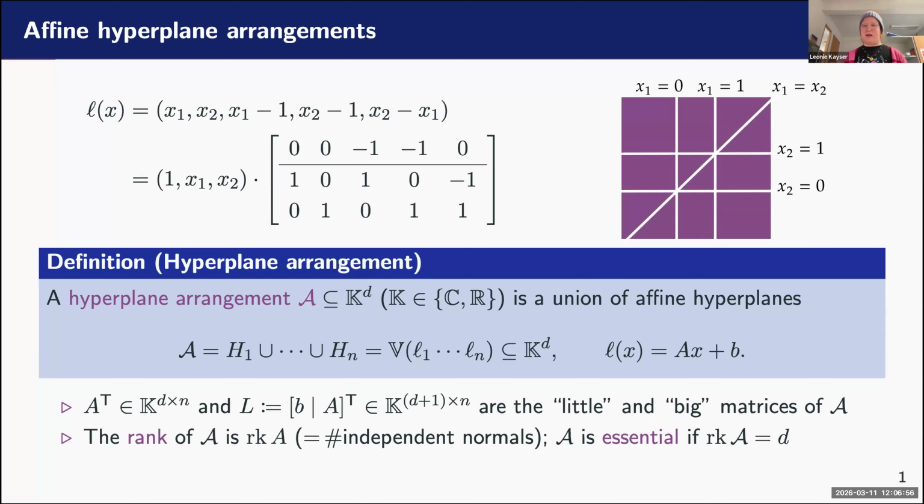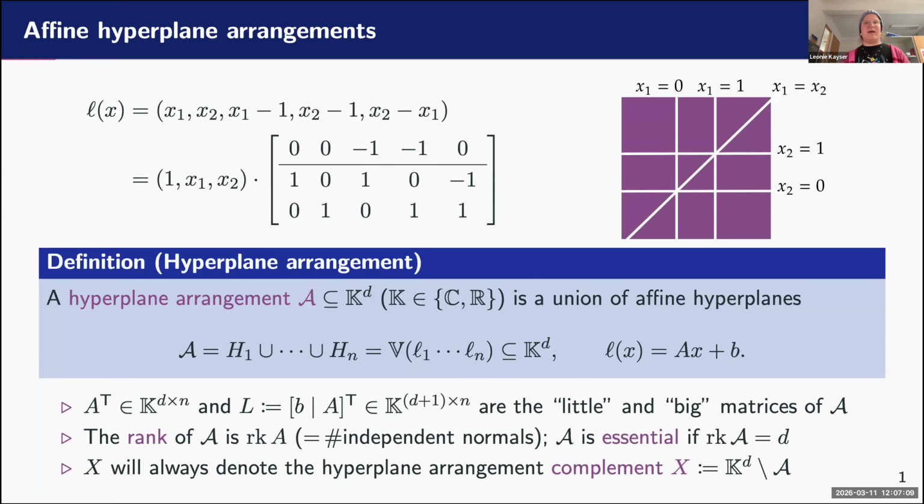It just means that the hyperplanes point in all directions, at least the normal vectors. But we can still have, of course, as you see here, parallel lines, and they give us interesting properties. And X, the main player today, will not quite be the arrangement A, but rather its complement in usually C to the D, sometimes when we draw pictures, also R to the D. And this is an interesting variety or manifold.